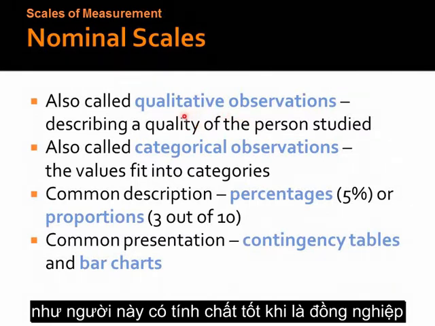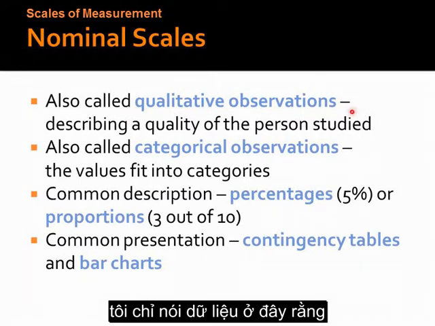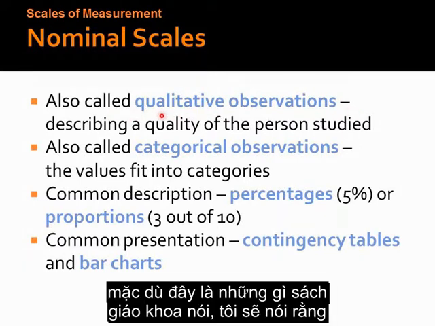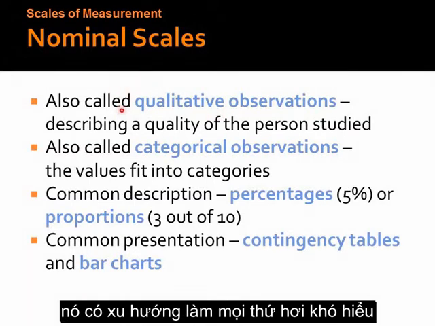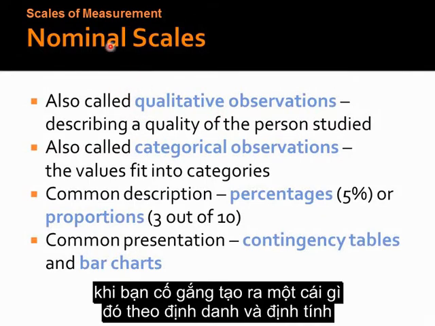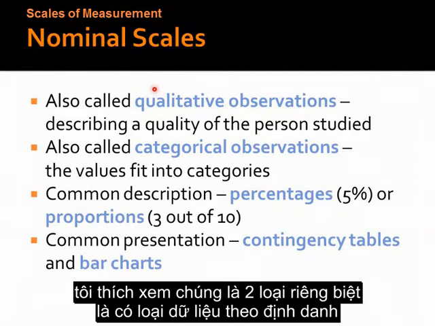Now, I'll just say here that although this is what the textbooks do say, I think it tends to make things a little bit confusing when you try to mix up nominal and qualitative. I prefer to think of them as two separate kinds of descriptions.